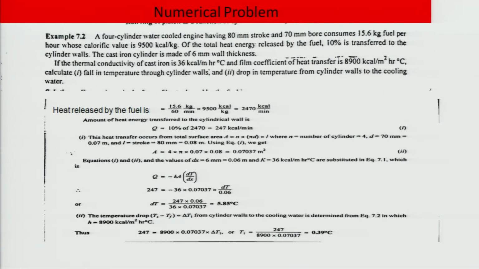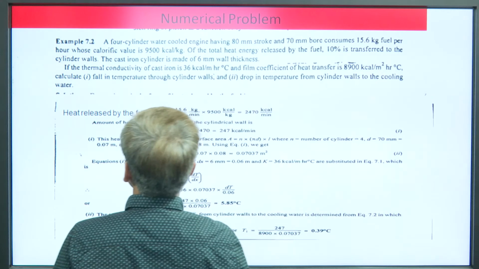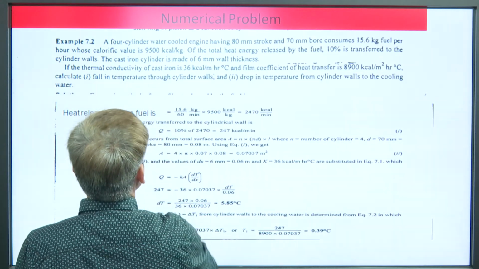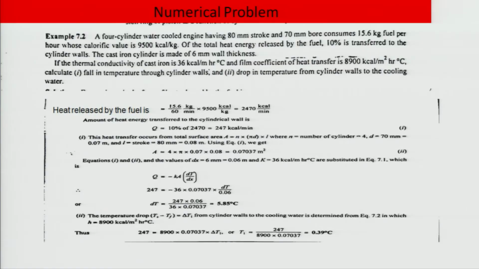I will take an example of it: a 4 cylinder water cooled engine having 80 mm stroke and 70 mm bore. All these parameters are given. The fuel consumption is 15.6 kg per hour, so we convert it into per minute and multiply by the calorific value of the fuel in kilocalorie per kg.